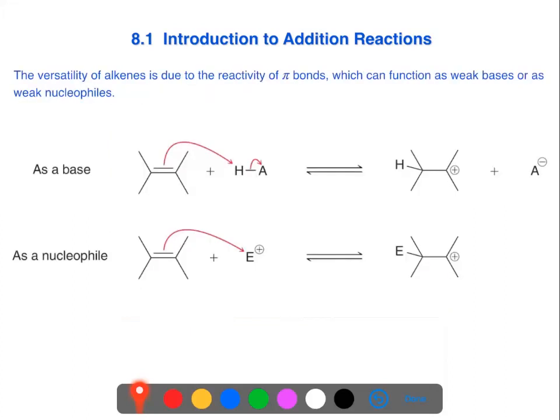Now the versatility of alkenes is really due to the reactivity of the pi bond. We've mentioned previously that pi bonds can act as nucleophiles or bases depending on what is available to react with them.